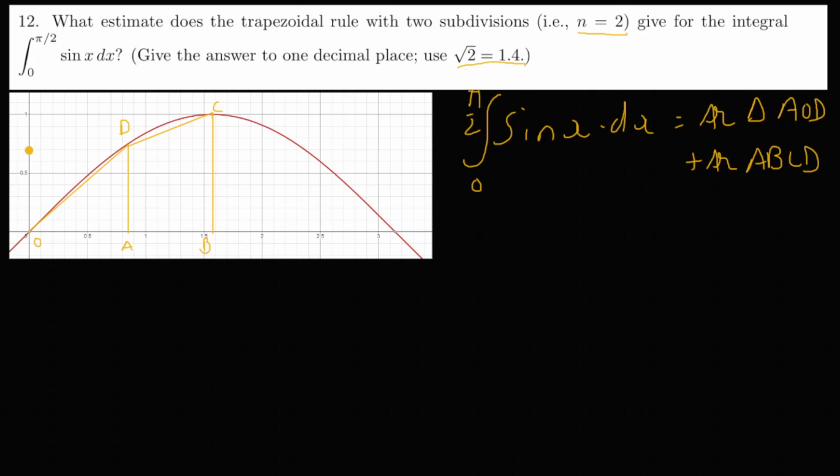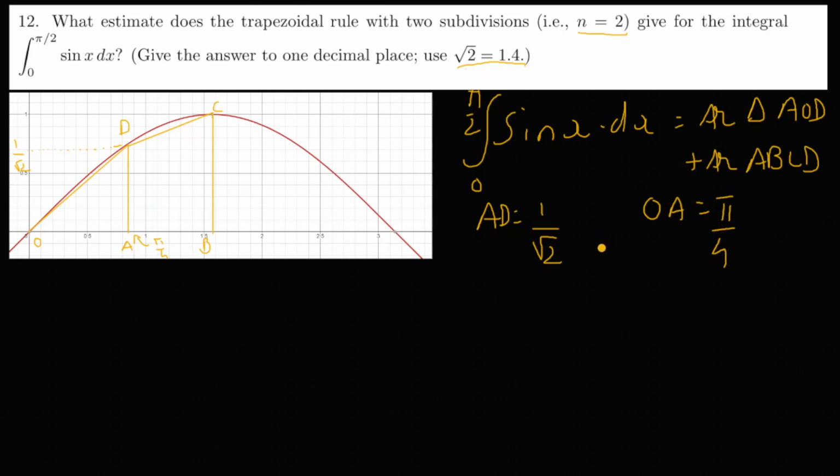What is the value of D going to be? I'll just mark this as pi by 4. So the value of D is going to be sin pi by 4, which is 1 by root 2. So AD is equal to 1 by root 2. What is OA? OA is equal to pi by 4, that is obvious.